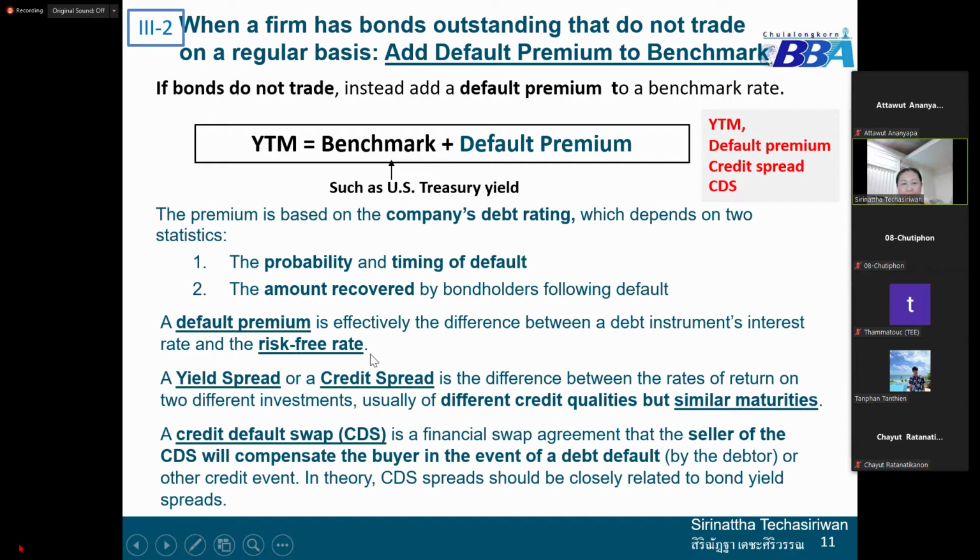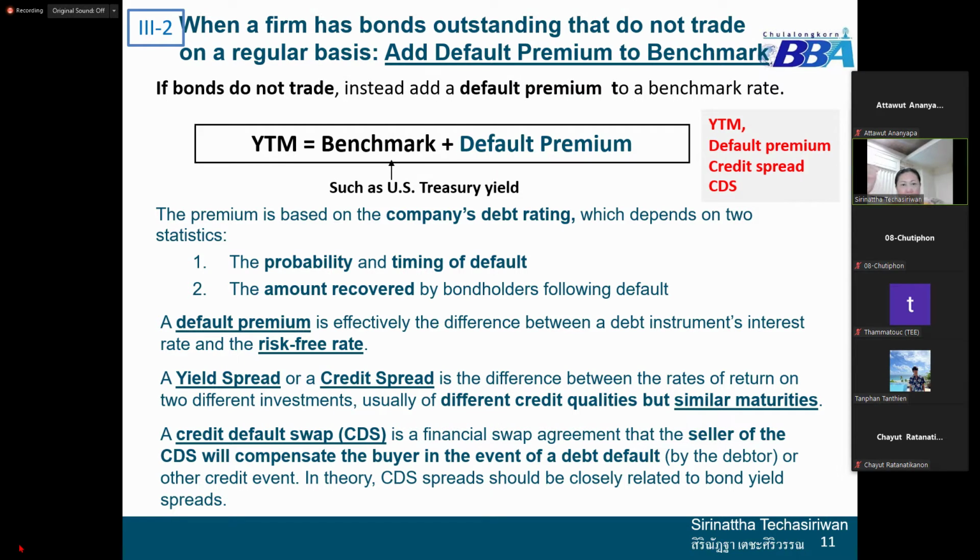The difference between credit spread and default premium is that default premium is the difference between the yield of the risky debt over the risk-free rate. While the credit spread, or yield spread, is the difference between the yields of different papers with similar maturity but different credit ratings.